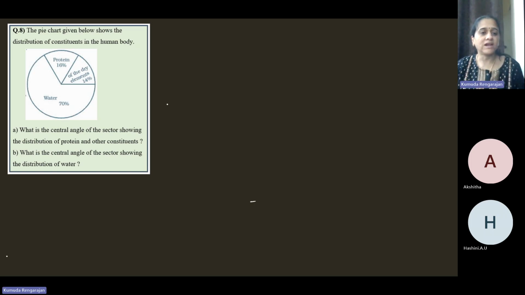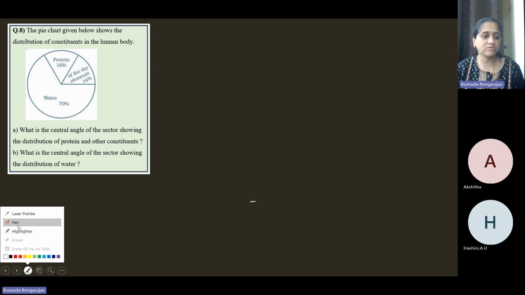What is the central angle of the sector showing the distribution of protein and other constituents? What is the central angle of the sector showing the distribution of water? Maybe it should have been marked protein and other constituents.